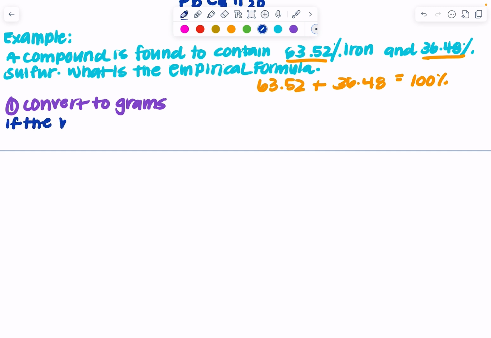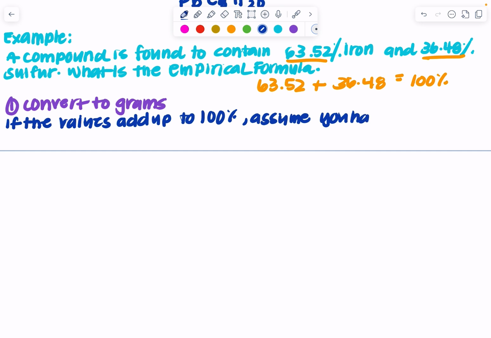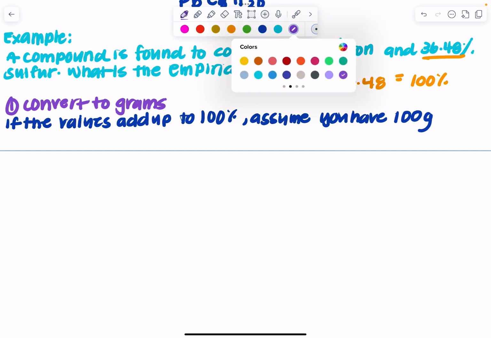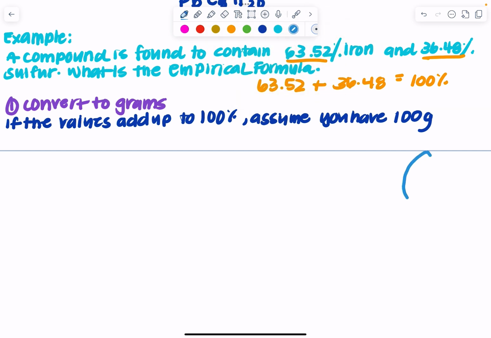If the values add up to 100%, you can assume you have 100 grams, which makes it a lot easier. And again, I told you I was going to give you the long-winded answer. If this is a circle, if we fill the circle, we'll have 100% of the circle. Okay? 63% is a little more than half.